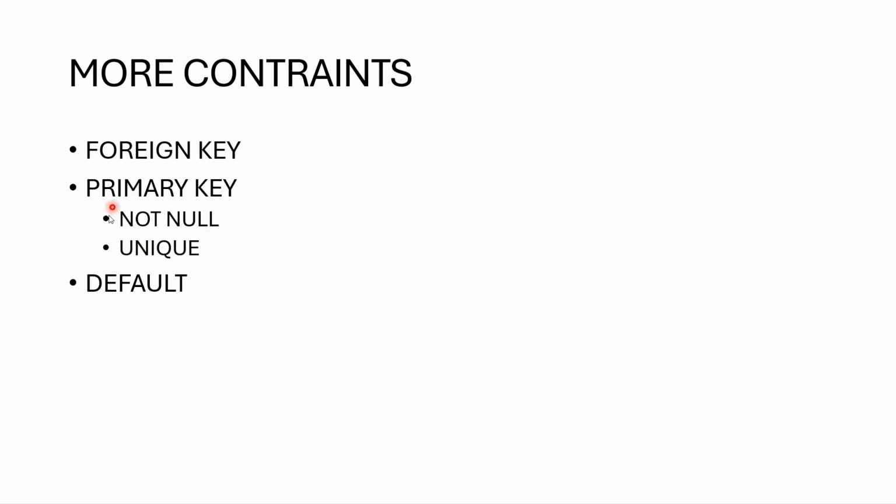So that's the primary key constraint and the constraint that it automatically adds. And then the default, this allows us to set default values for a column. So if no value is given, then it will default to any value that we set using the default constraint. Okay.